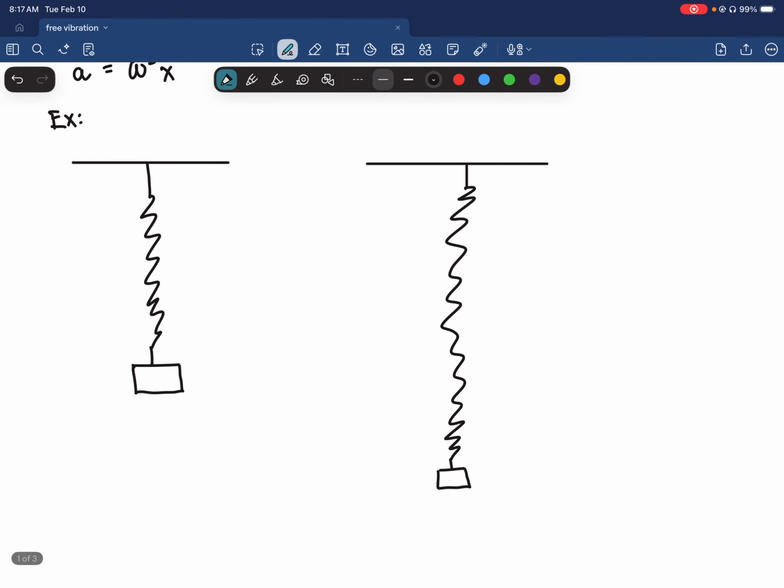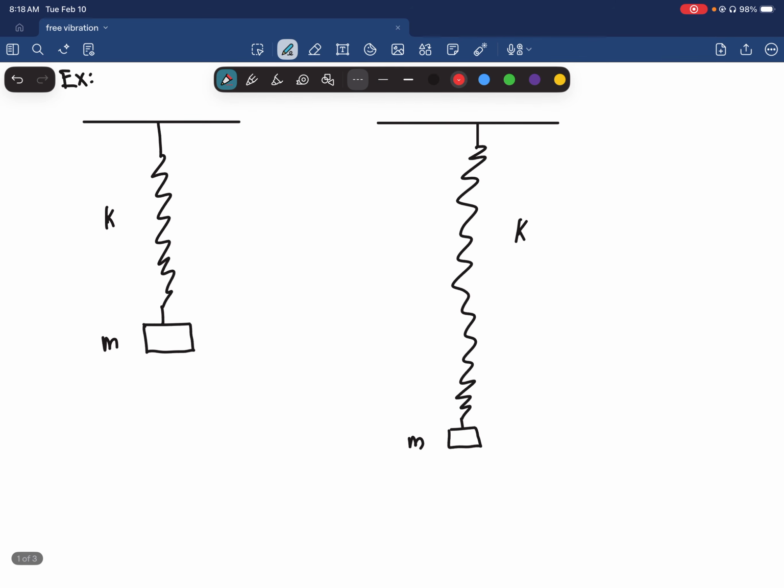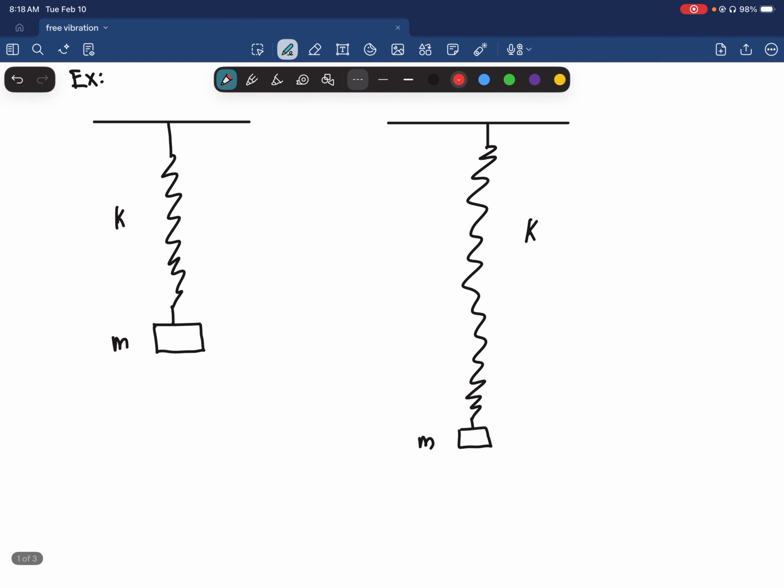So, let's put its properties. We have the spring constant present in both of these, and we have the mass of the block. Now, this is the block's initial position, where x is equal to 0.